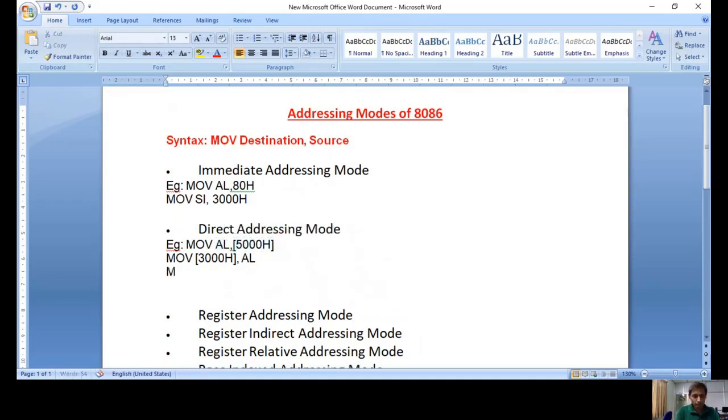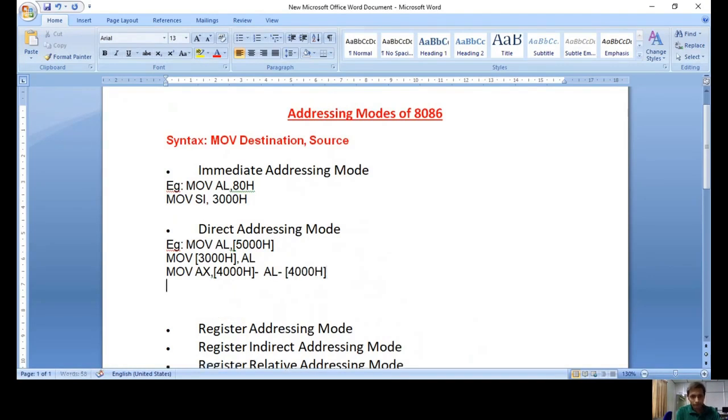For example, if I write MOV AX, [4000H]. Here the size of AX is 16-bit, but each memory location can store only 1 byte of data. If I write MOV AX, [4000H], then automatically AL takes data from 4000H, whereas AH takes data from 4001H.